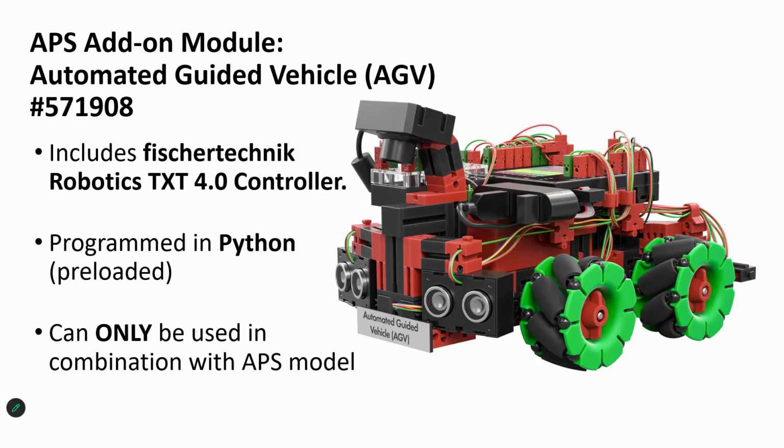The model ships with a pre-programmed fischertechnik Robotics TXT 4.0 controller, and as with the version included with the APS, the programming here is all done in Python. Now, this can, of course, only be used in combination with the APS model, and it's not intended to be used as a freestanding model. The dimensions on it are approximately 10 by 7.5 by 5 inches, and it has a weight on its own of about 3.15 pounds.